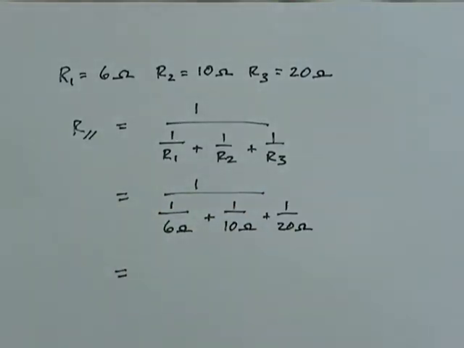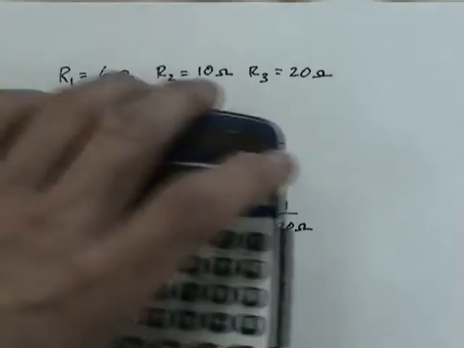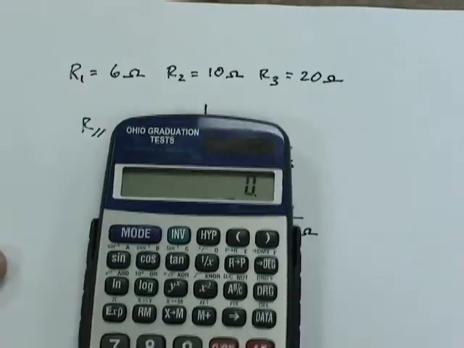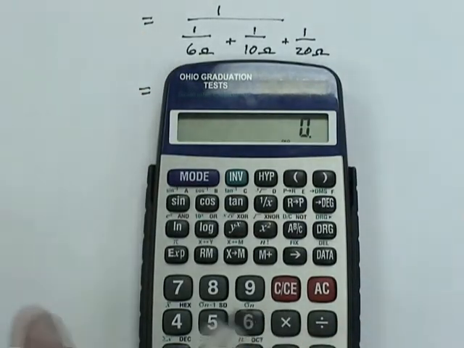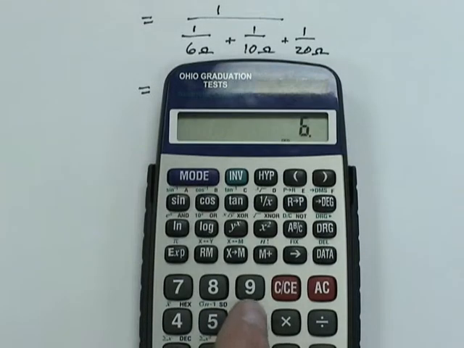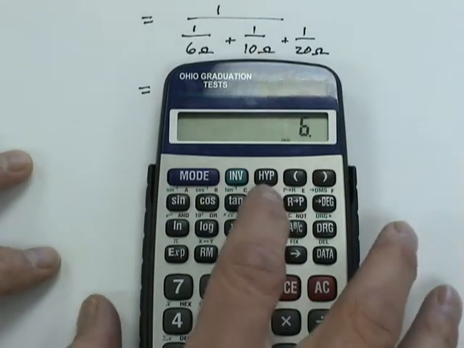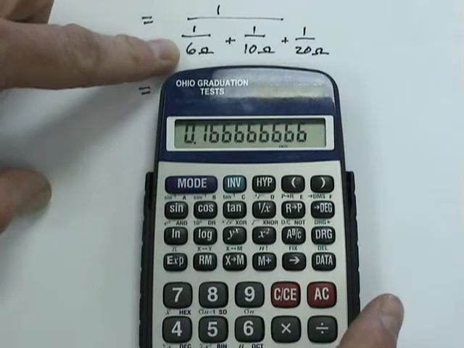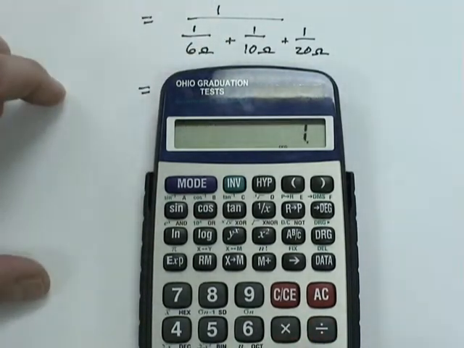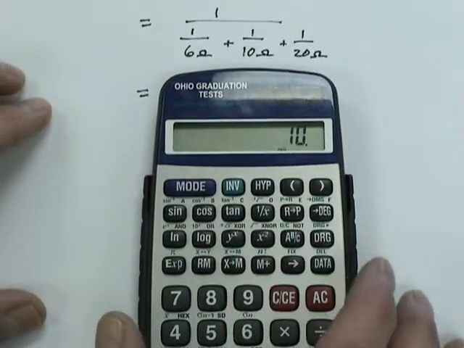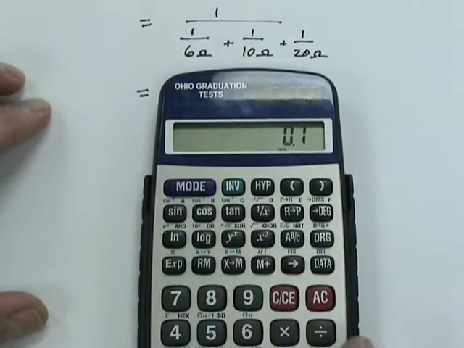Okay, now we need to calculate this. And I want to show you a little trick that I do on the calculator to make this really easy. The way I do it is I put each resistor in individually. So I'm going to put in 6, that's the first resistor, and I hit 1 over X. That's the 1 over 6. Plus, the next resistor is 10, so hit 1 over X. Your calculator may actually say X to the minus 1.